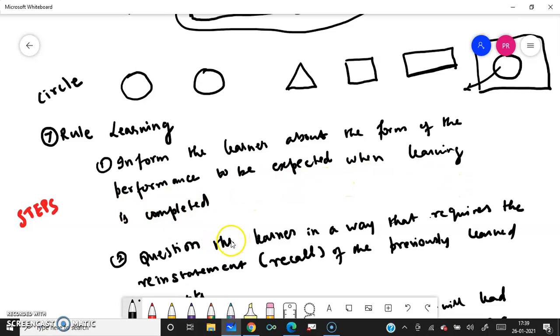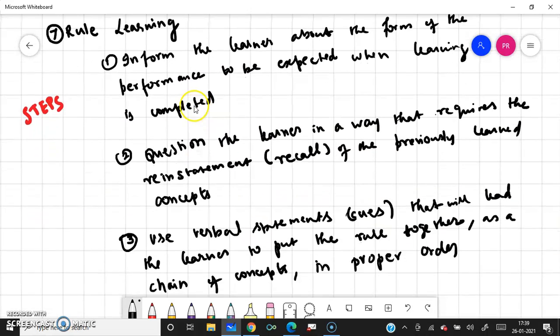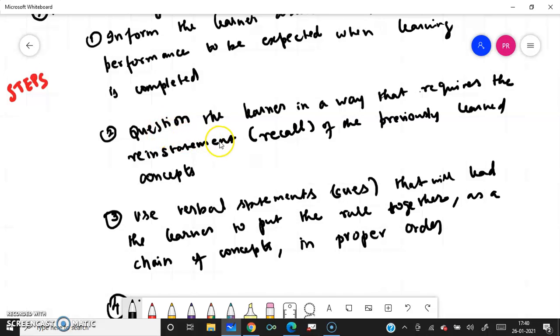When the learning is completed, what is expected from the learner? Second: question the learner in a way that requires the reinstatement or recall of the previously learned concept. So the child is able to recall.